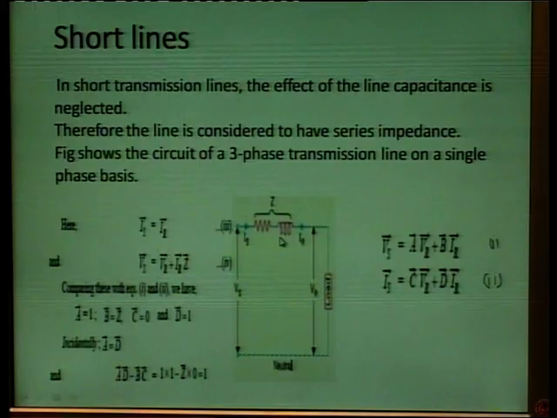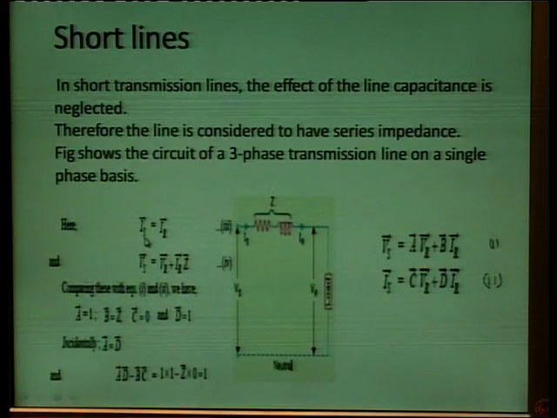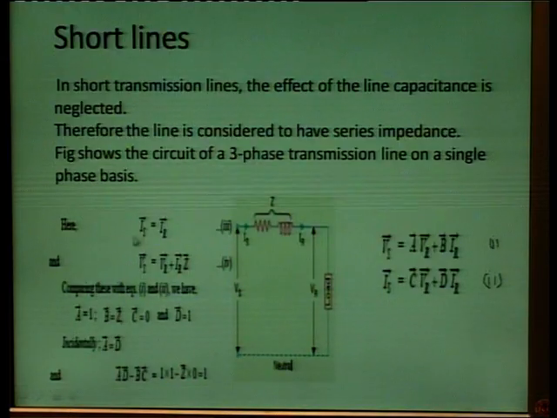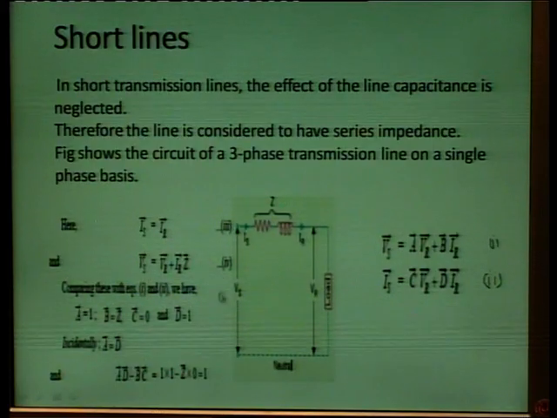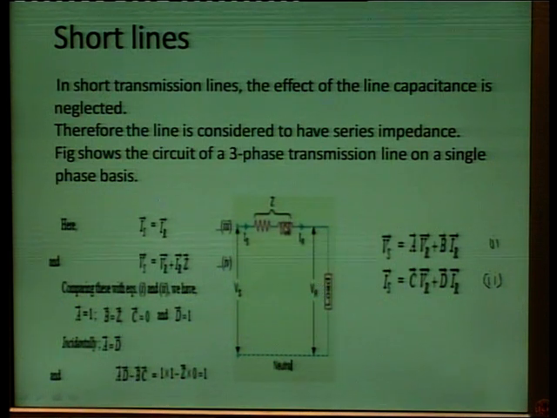In the first form we have said that Is is equal to IR, say this is equation number 3. Similarly, Vs, the voltage at the sending end, is equal to Vr, the receiving end voltage, plus Z into IR. This is equation number 4.